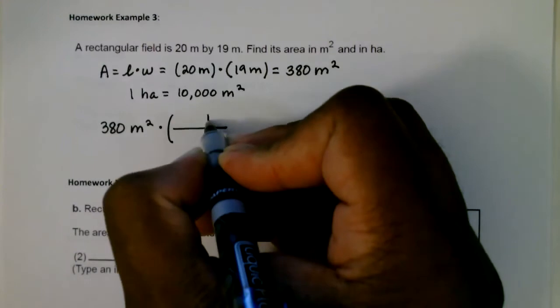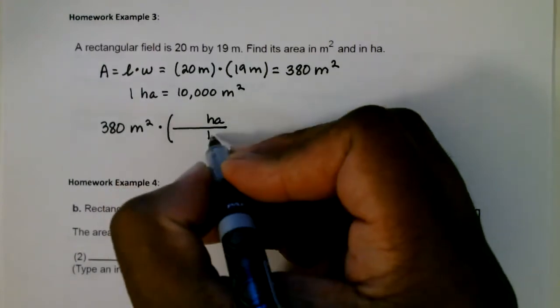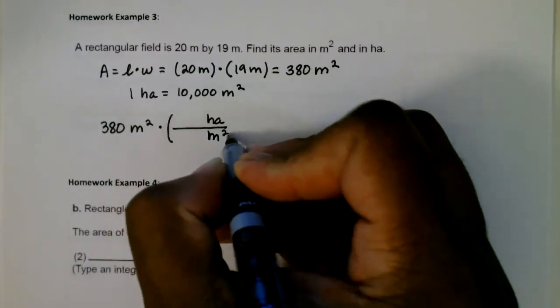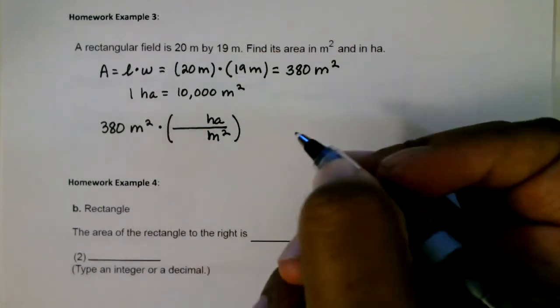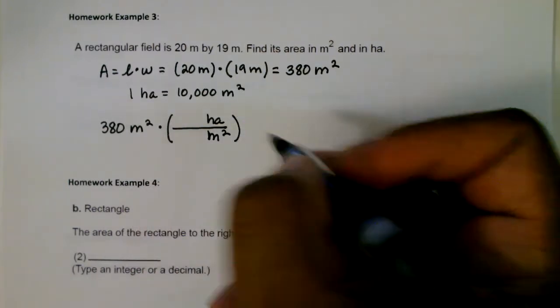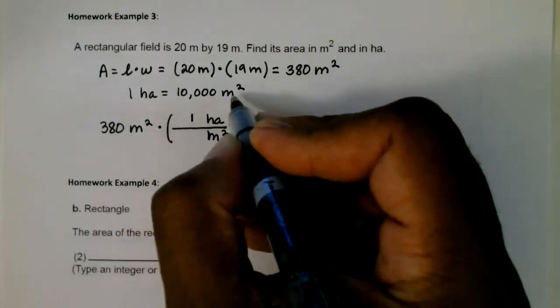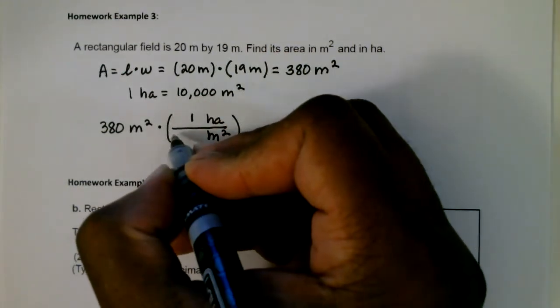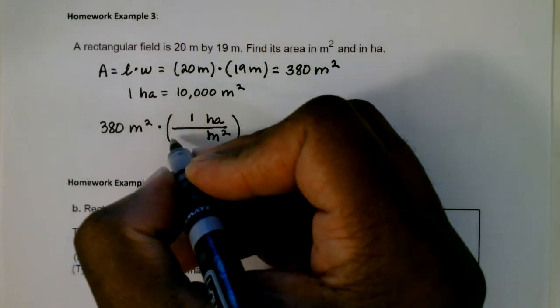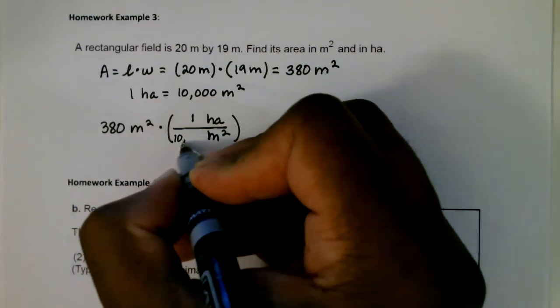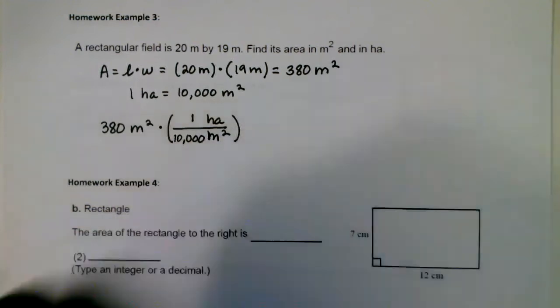That means hectare has to go in the numerator, and we're converting from square meters, so square meters has to be in the denominator. 1 hectare is equal to 10,000 square meters, so that 10,000 has to go in the denominator.